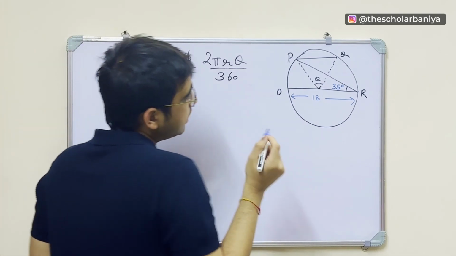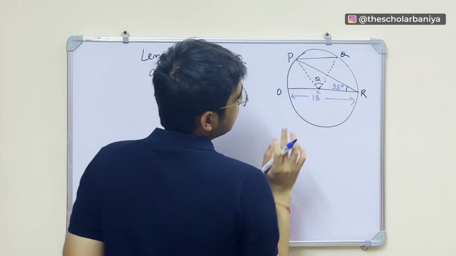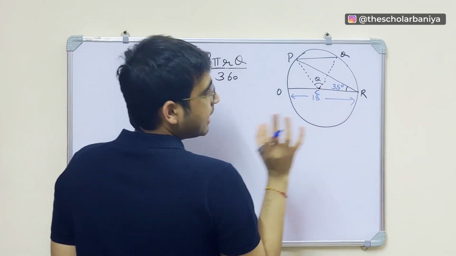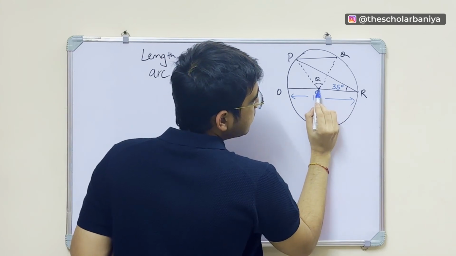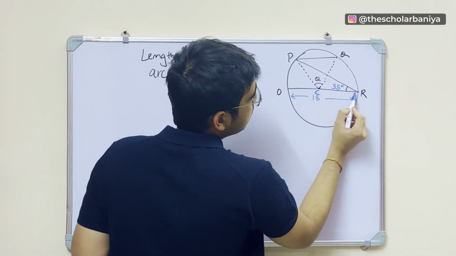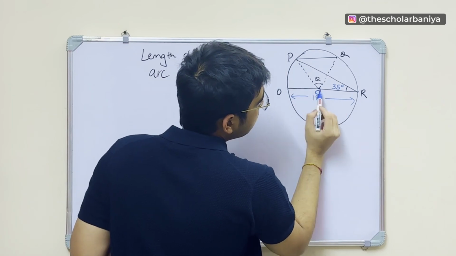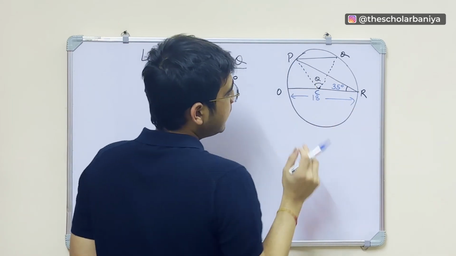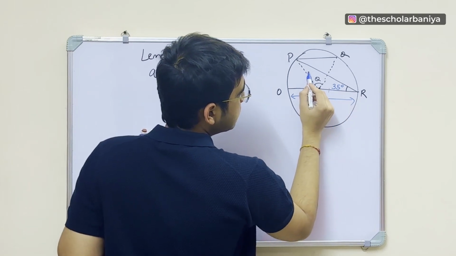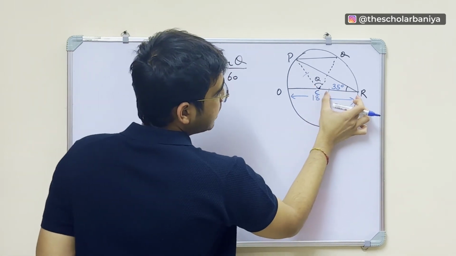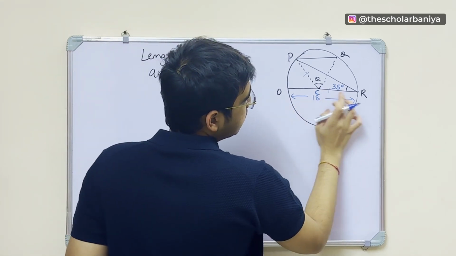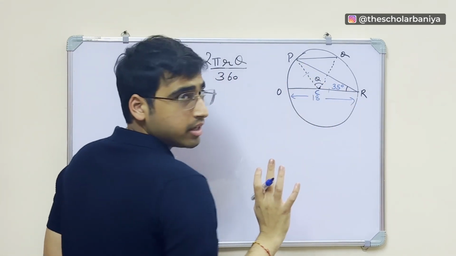Well, now we know that this is the center, right? For example, C, this is C, which is the center. Now tell me one thing. Obviously, this side will be equal to this side. If you see this triangle, this side will be equal to this side because both of them are radius, right? So now if this is 35 degrees, obviously this will also be 35, right?